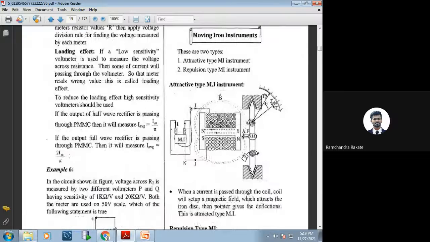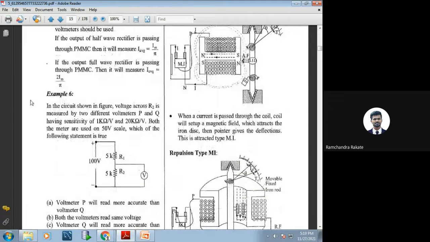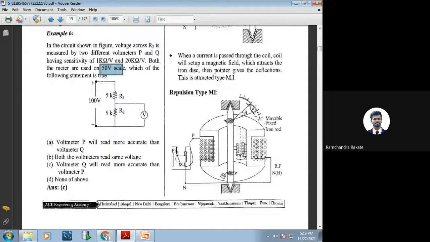Then they are saying voltage across R2 is measured by two different voltmeters P and Q, having sensitivity 1 kilo ohm per volt and 20 kilo ohm per volt. Both meters are used on the 50 volt scale. Which of the following statements is true?